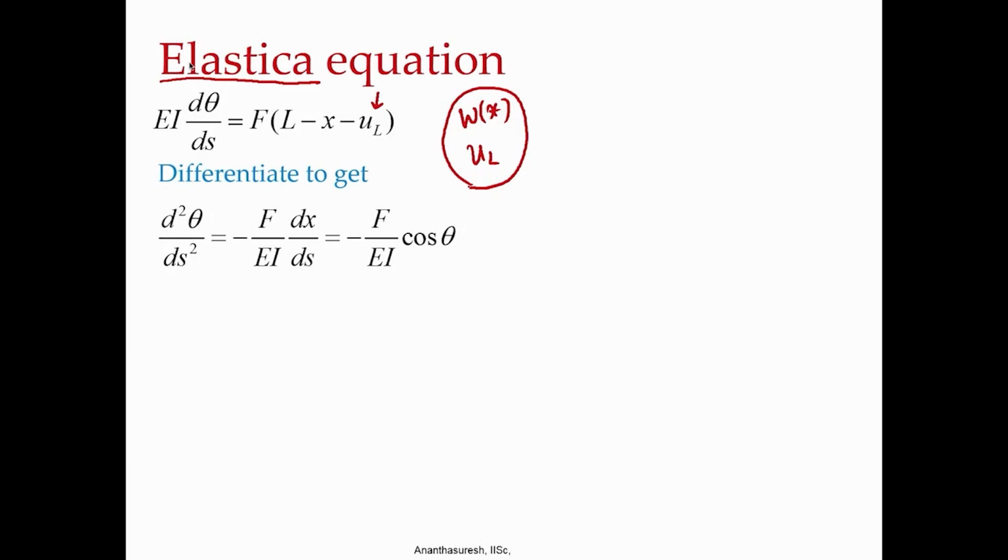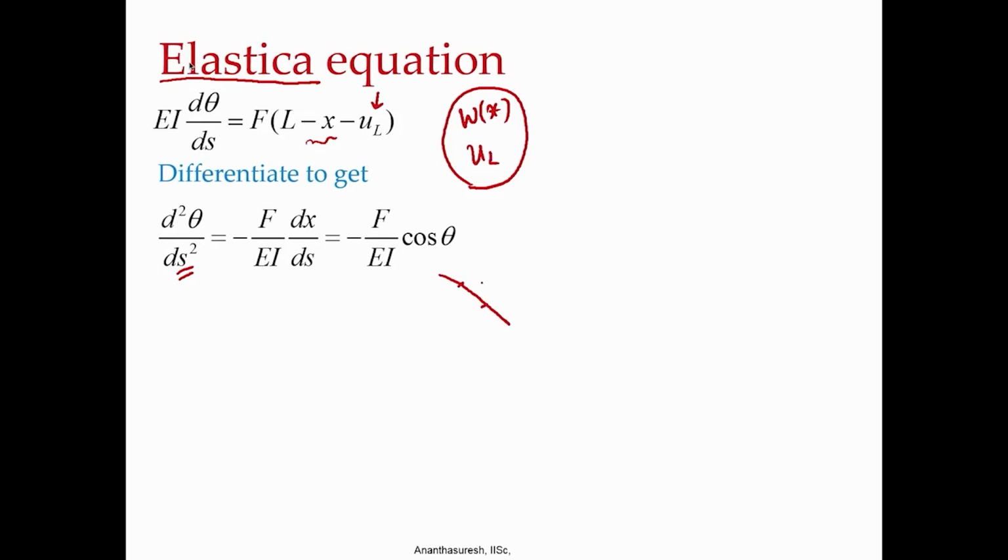The differential equation takes care of the function, but we need another scalar equation to solve for UL. We differentiate with respect to s, the arc length parameter. So, that becomes d theta by ds. I have taken E I to the other side. So, f over E I with a minus sign because this is minus x, this becomes dx by ds. And we also note that this dx by ds is equal to cosine theta.